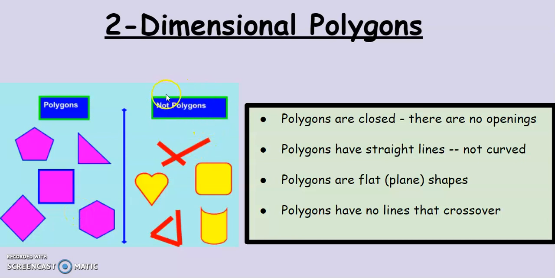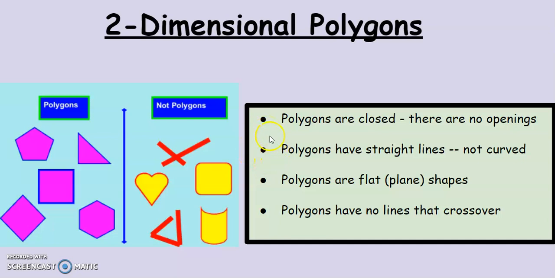If I draw your attention to the side called not polygons, look at this shape down here. Oh, we're doing pretty good. Oops, there's an opening right there. Because there is an opening, it cannot be called a polygon. Because again, all polygons are closed. There cannot be any openings.